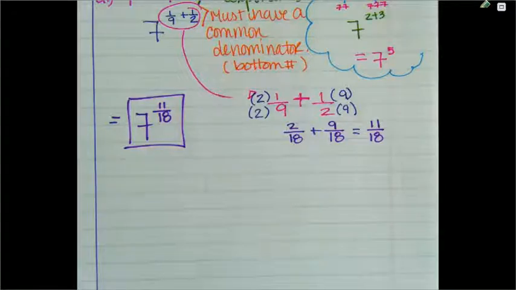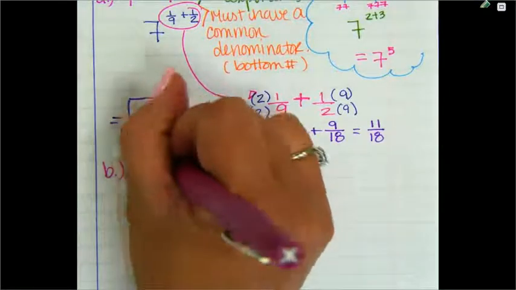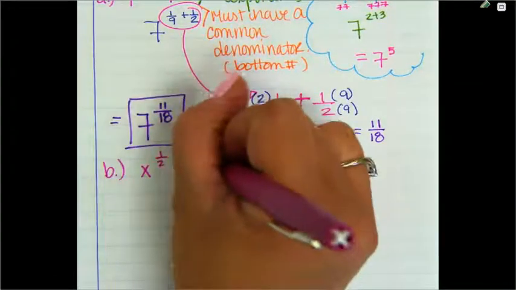So you're going to do one by yourself. Go ahead and add x to the 1/2 times x to the 1/5.